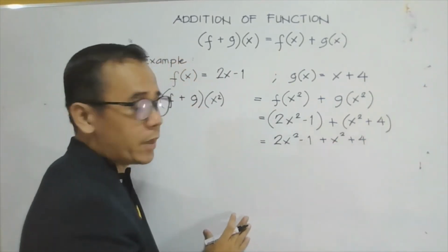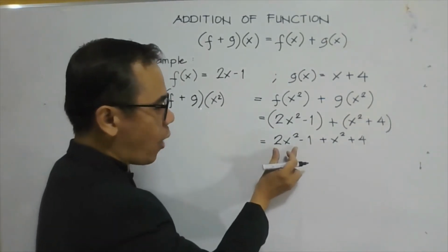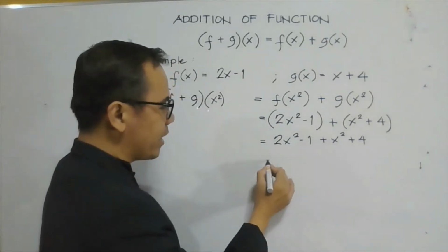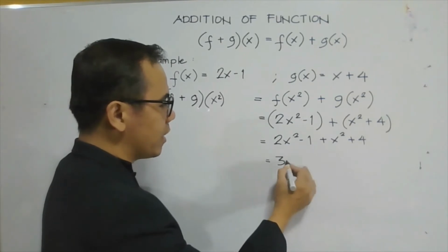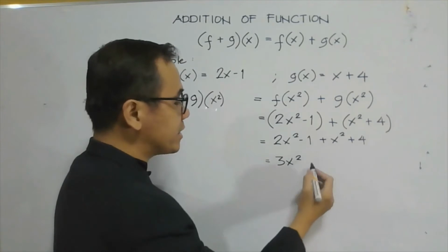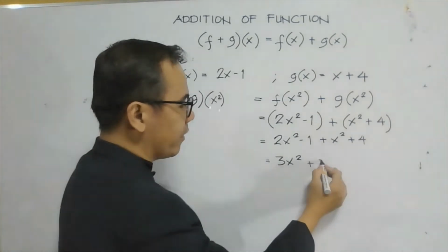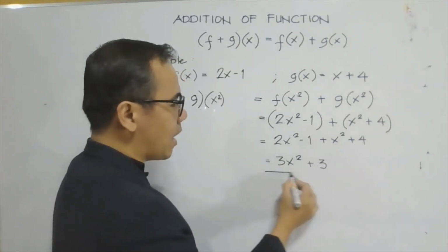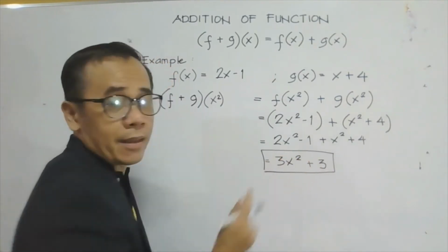Let's combine now similar terms. We have 2x squared and x squared. So that is equal to 3x squared. And then negative 1 and 4 is equal to positive 3. So this is now our final answer.